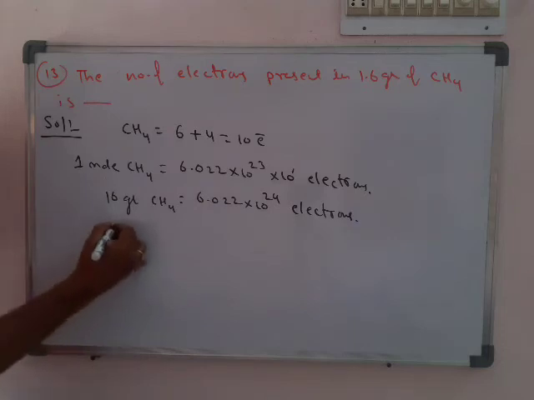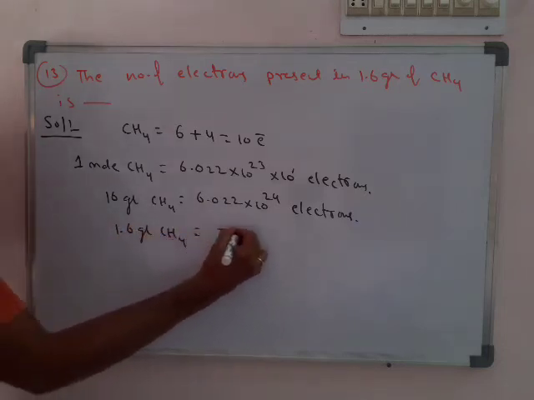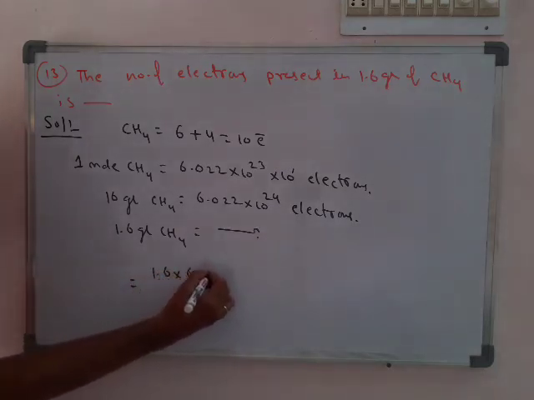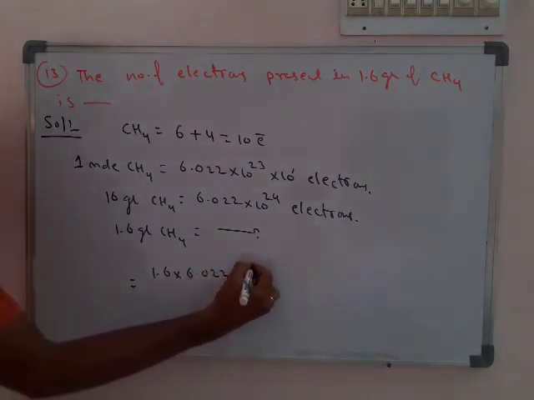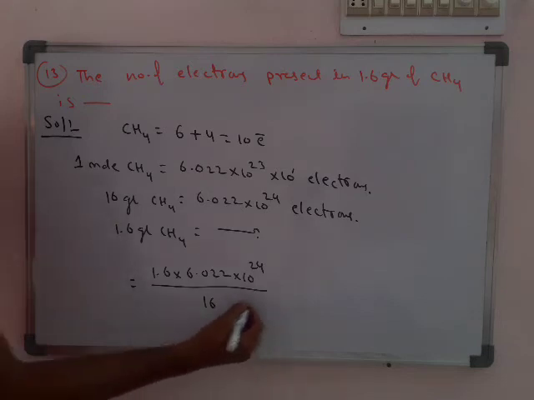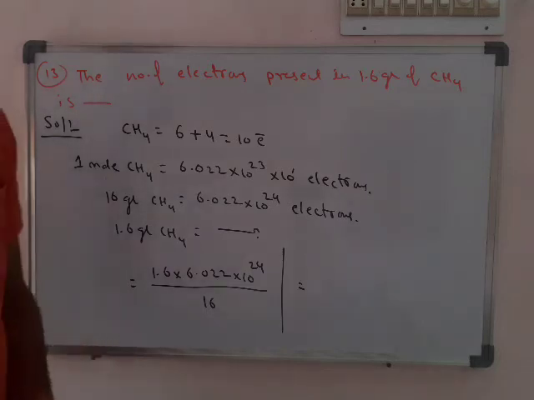The question is 1.6 grams of methane, so do the calculation. I think we will get exactly the Avogadro number.